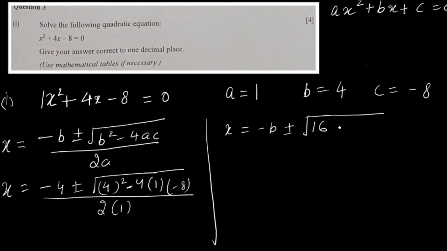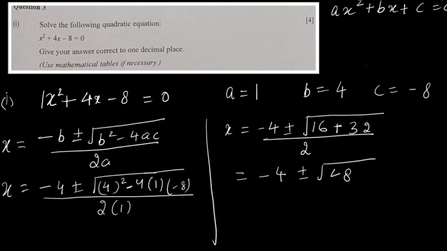Minus into minus is plus, and 4 into 8 is 32, by 2 into 1. So minus 4 plus minus square root of 16 plus 32, which is 48.